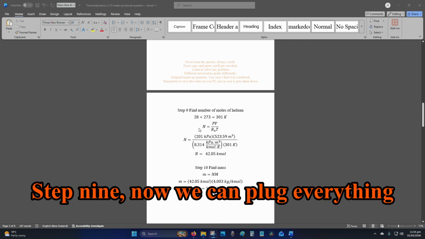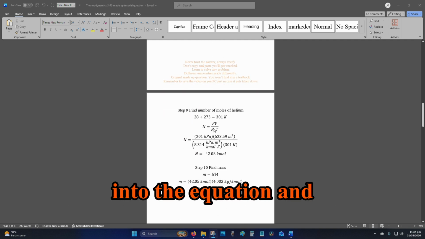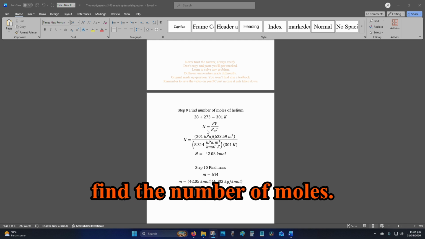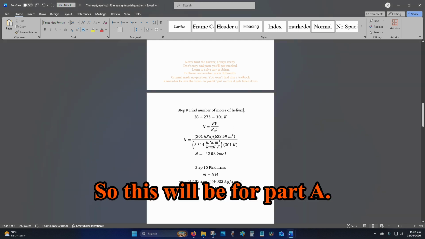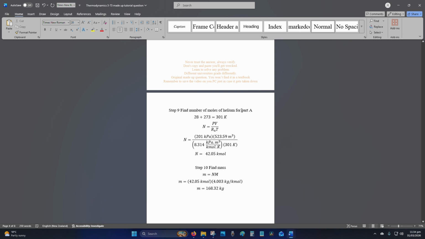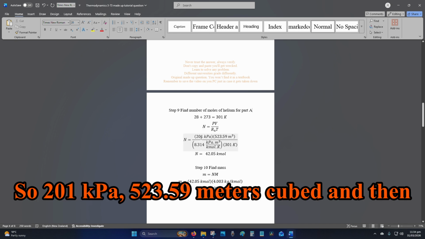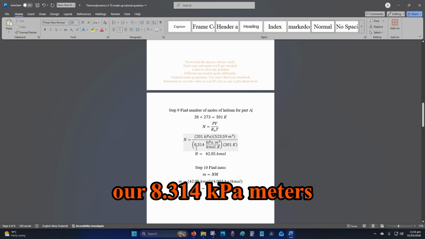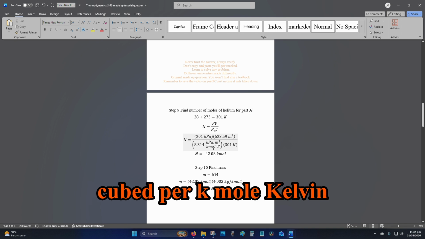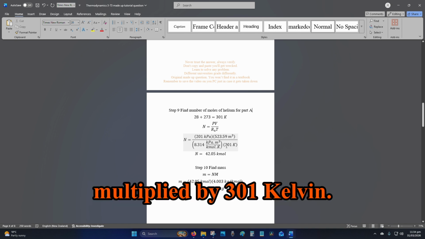Step 9, now we can plug everything into the equation and find the number of moles. So this will be for part A. So 201 kPa, 523.59 meters cubed, and then our 8.314 kPa meters cubed per kmol Kelvin multiplied by 301 Kelvin.